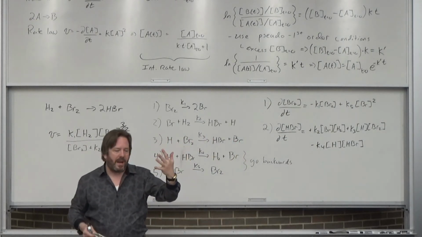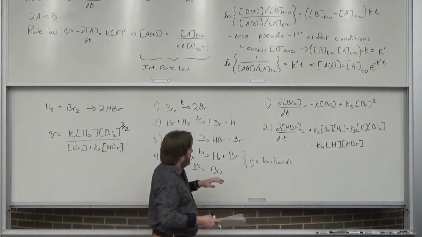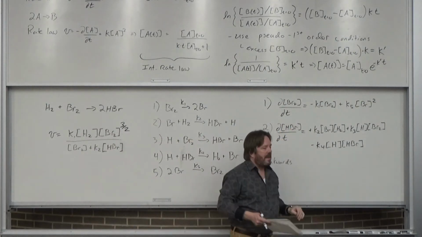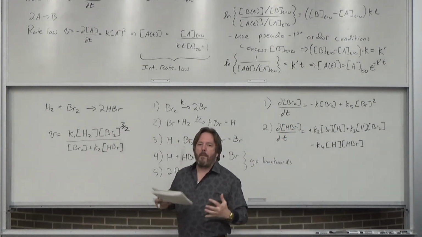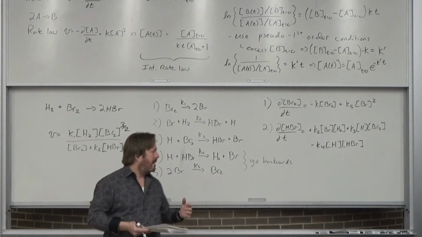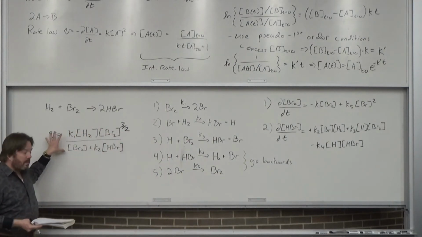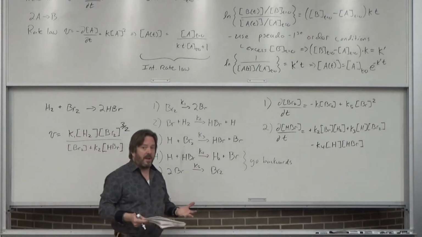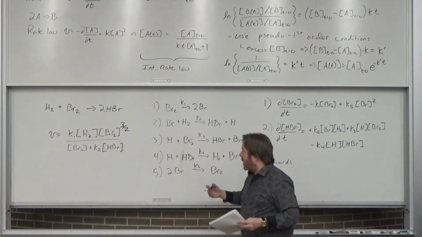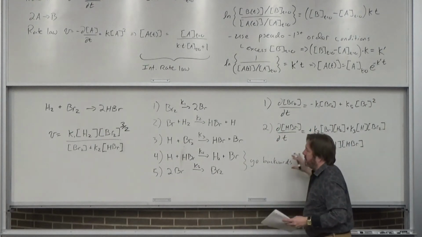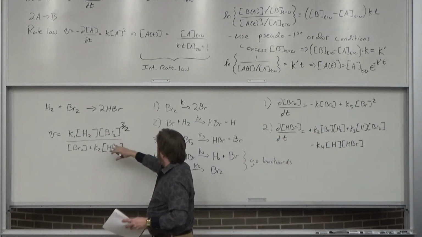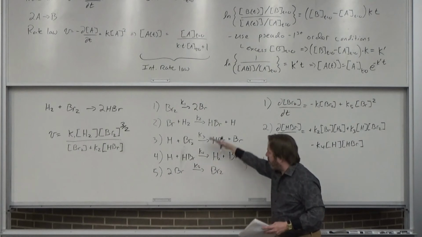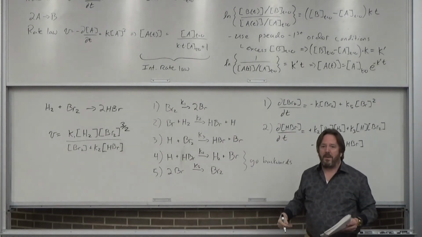We have to write those, and then amalgamate them to equate to this. It would take pages of algebra, and when we're able to combine all these to derive this, that means this is the correct mechanism for what goes on.